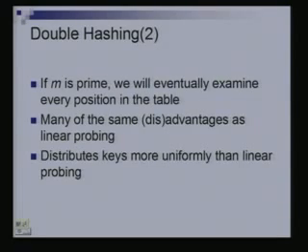Now, we would not like the following to happen: there are empty locations in the table, but you start from a certain location and go, let's say, 3 units ahead, offset is 3, and then 3 units ahead again, and you keep finding everything is full, and then you come back to the starting location. Then you would not be able to insert the element at all, because all of the locations you looked at were full, but the other locations in the table were empty. So you somehow want that you don't cycle back. But when will you cycle back?